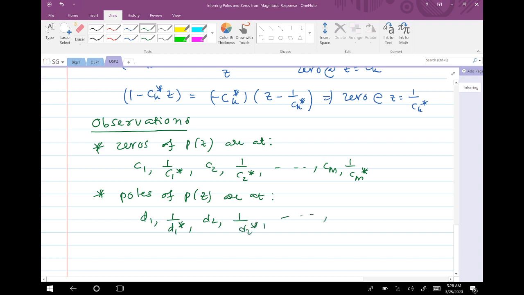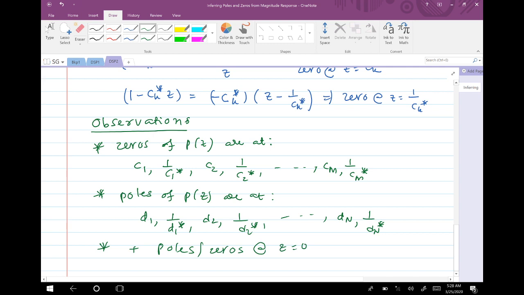There are n such terms, dn, 1 by dn conjugate. Of course, depending on the m and n values, there are also possible poles or zeros at z equal to 0.